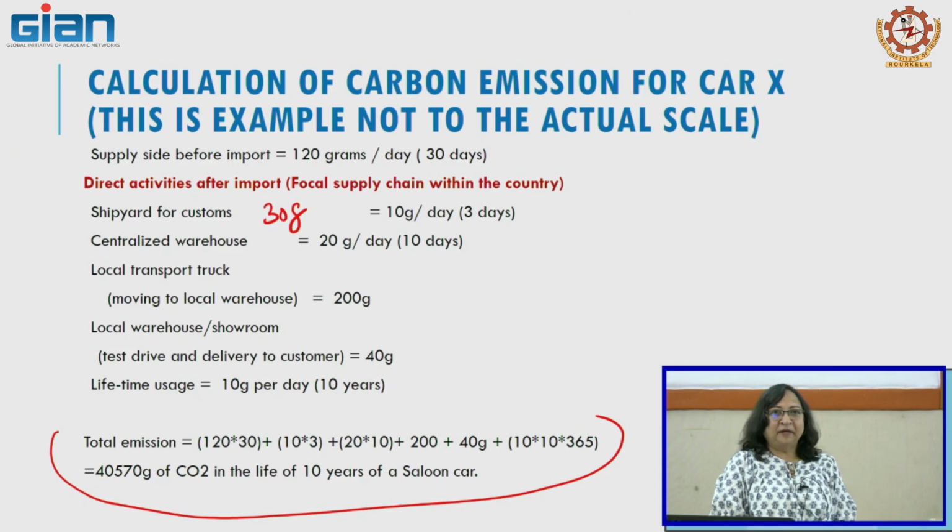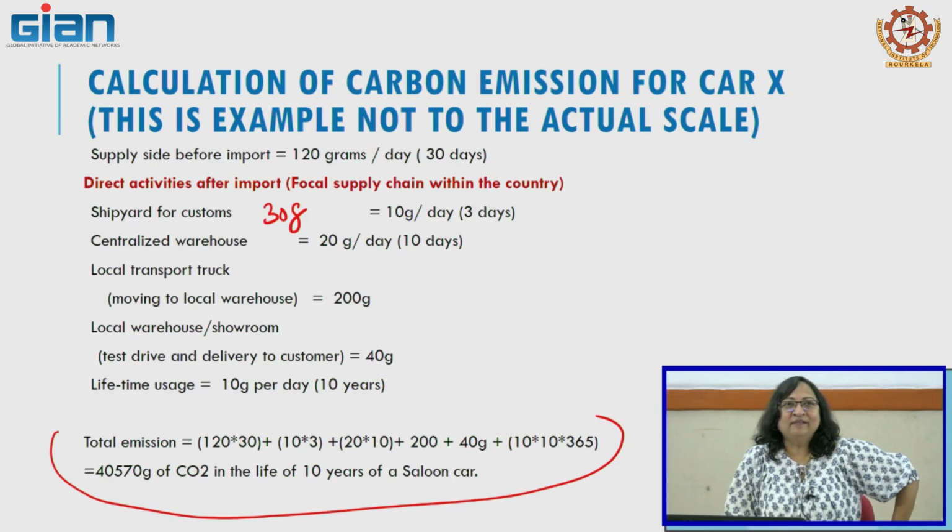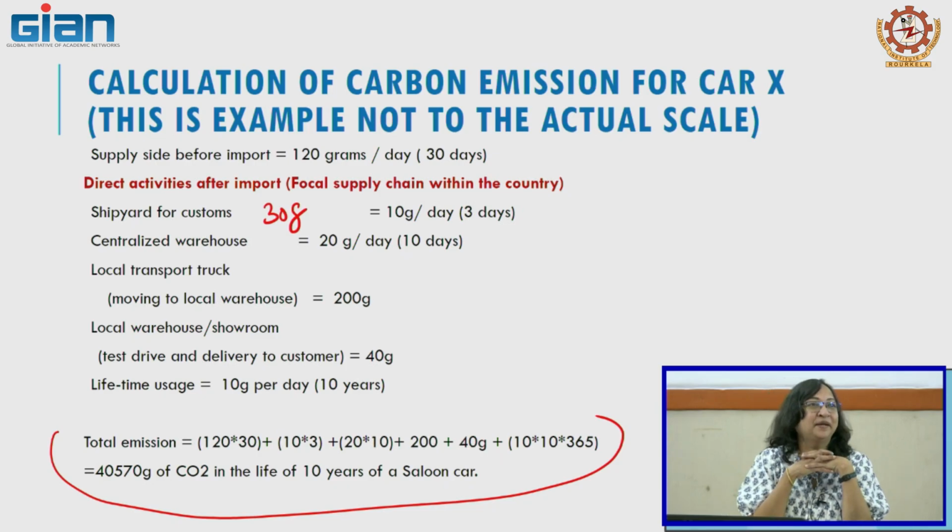Okay, what is the interpretation? Yeah, it takes time because we are using a calculator. I think it is the correct number, 40,000, right. What is the interpretation? That is our main part, not the calculation. We have 40,570 grams of CO2 in the life of 10 years of a saloon car, not a 4-wheel drive.